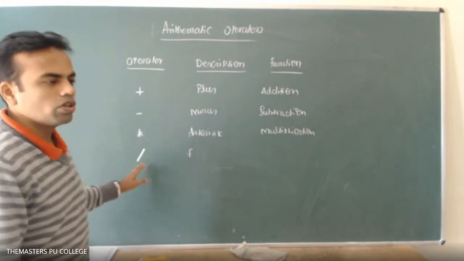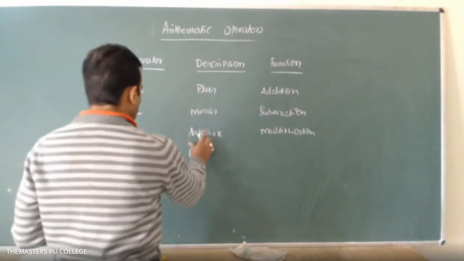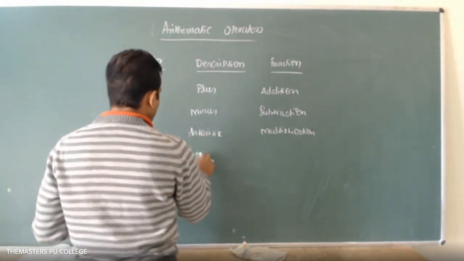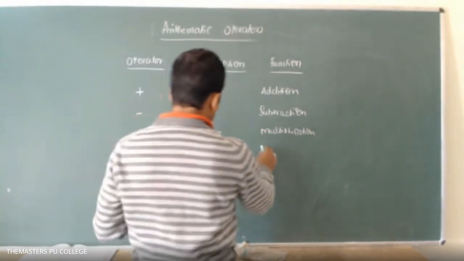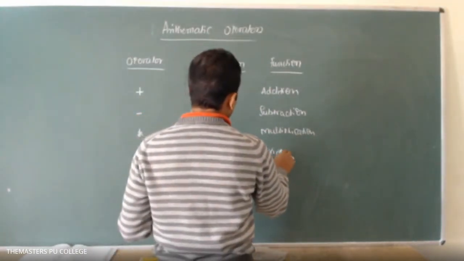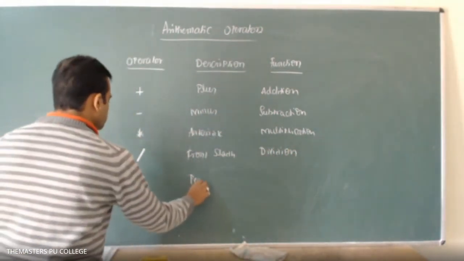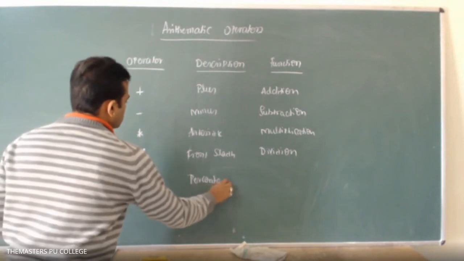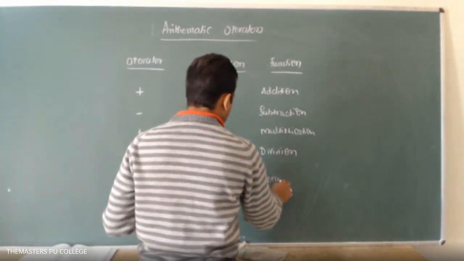It is used to divide any two numerical numbers. So front slash is used for division. Next, this is the percentage symbol. Use it to find the remainder.